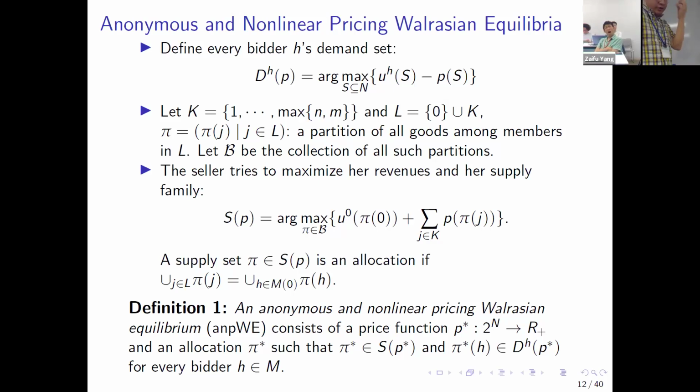just consider the point of view of the seller. So the seller actually thinks about all possible partitions of bundles which can give her the highest revenue. So here you see now we consider all possible partitions of the goods.